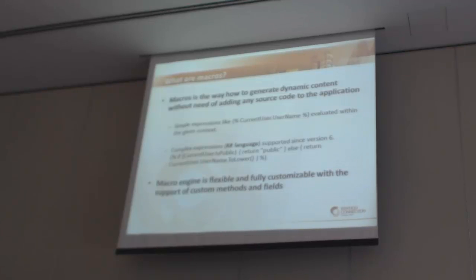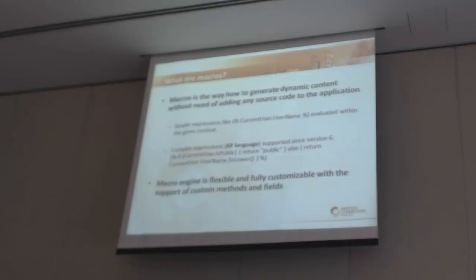There are two ways to deal with macros. The old one uses simple expressions like current user username, just the data fields, and they are evaluated within a given context on the page. And since version 6, we added support of the so-called C# language, and you can do some kind of magic with that, because it's really similar to C#.